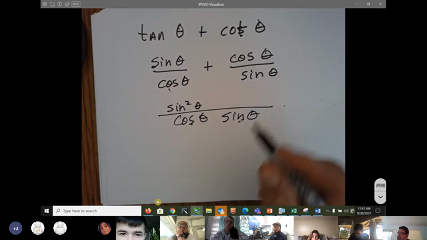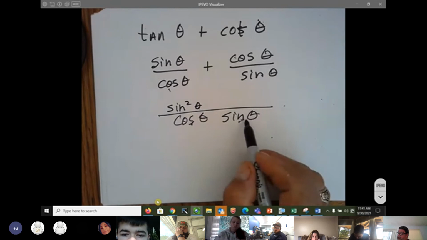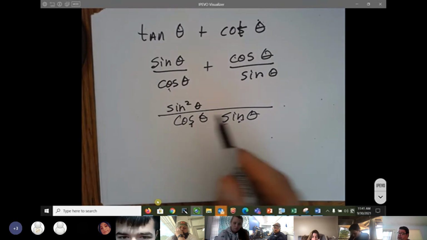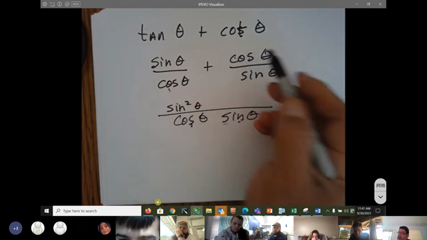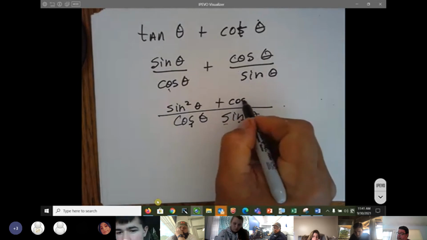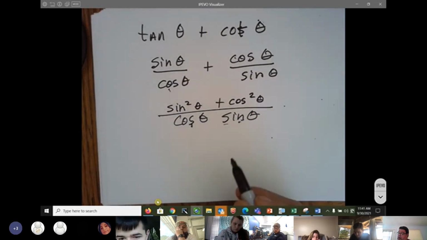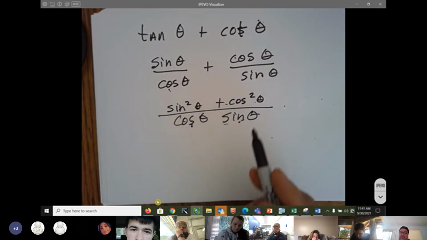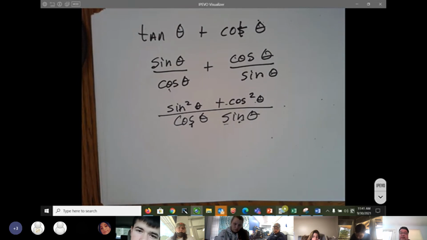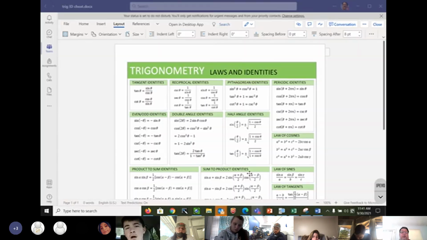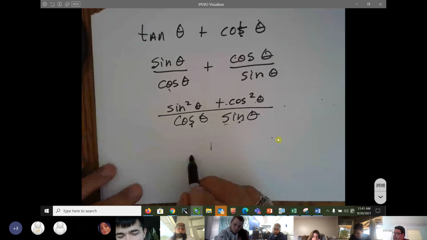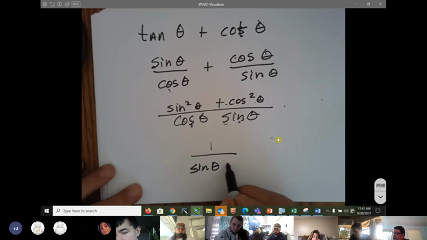And sine will go into this down here, cosine times cosine is cosine squared. And what's sine squared plus cosine squared? Go back to your identity. Should be 1. Sine squared plus cosine squared is equal to 1. So therefore, 1 over sine cosine.